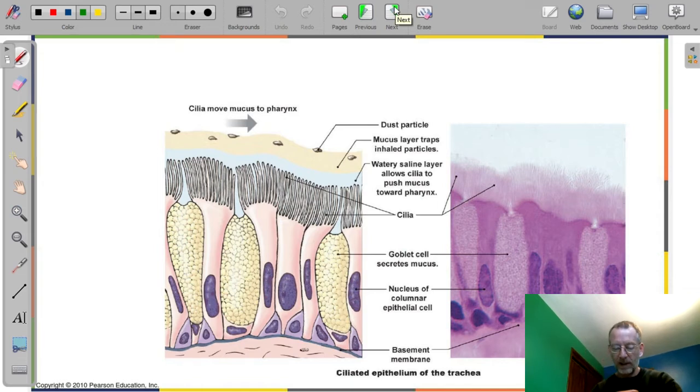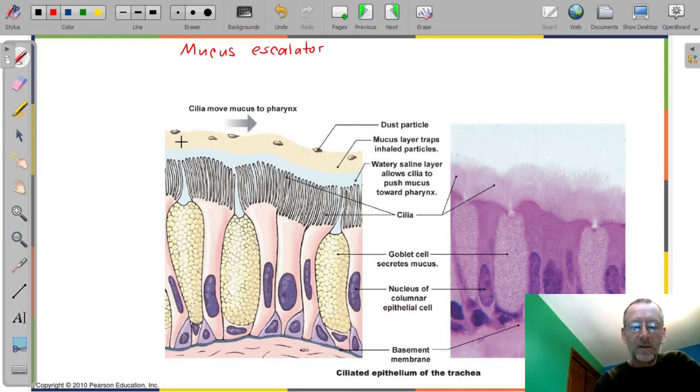This slide is just showing the epithelium of the upper respiratory system in the trachea. What's noteworthy is the idea of a mucus escalator, like an escalator in the mall. This is the mucus with dust and pollen and who knows what stuck in it.